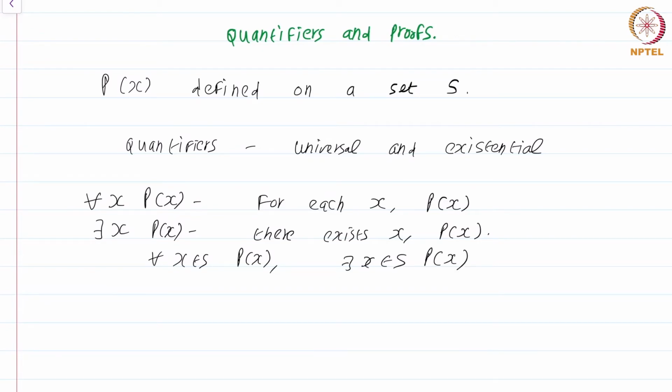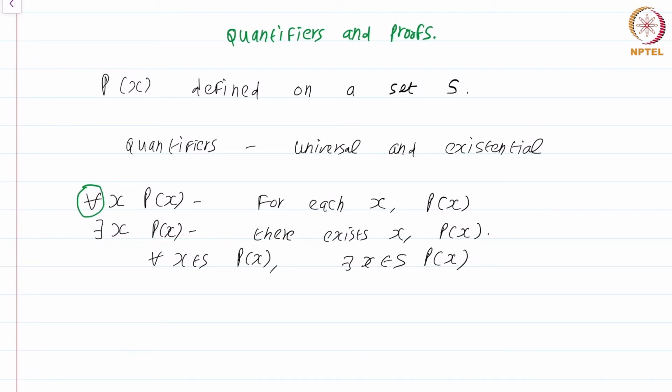So, let me make a general remark that will help in proofs. This universal quantifier can be read in two ways: for all, for each. Both actually mean the same thing. But I recommend that though you use both, the for each reading of this symbol is better, because for all gives the impression that you are substituting the entire set S all at once in the place of x, whereas for each x gives the more correct impression that you are taking a particular element of S one at a time and then substituting it in the variable place.